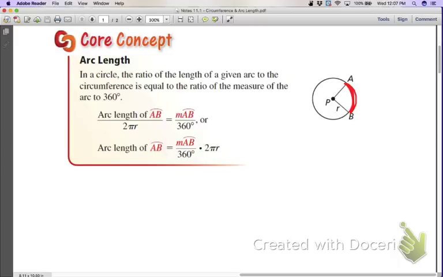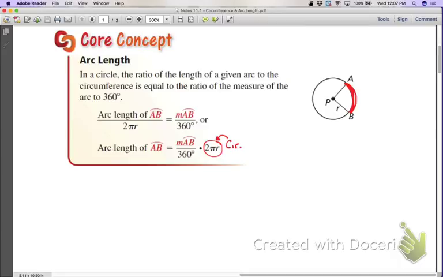Now, you know that the full degree measurement of a circle is 360 degrees. So the arc length is going to be, all this is just the formula for the circumference here, and we're going to take that proportion or that ratio of the angle that we are dealing with.